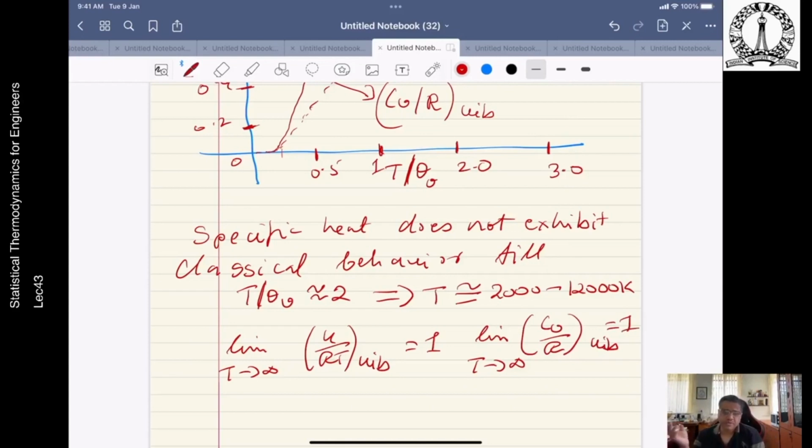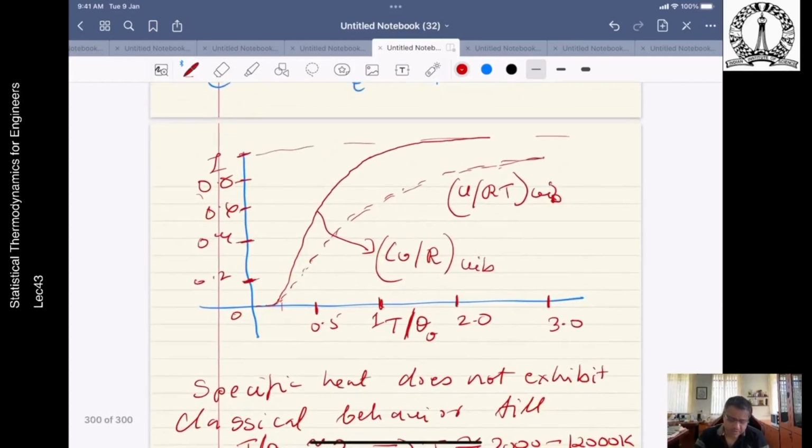As you can see from this figure, the classical limit of internal energy is delayed compared to the specific heat. Hence, in contrast to translational and rotational modes, the vibrational mode is typically only partially excited near room temperature.